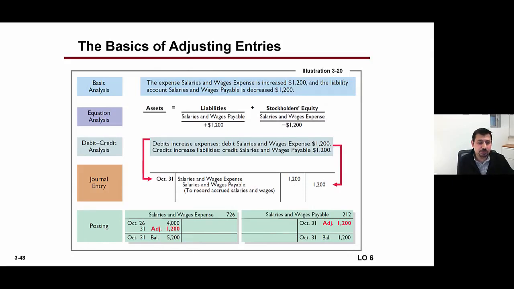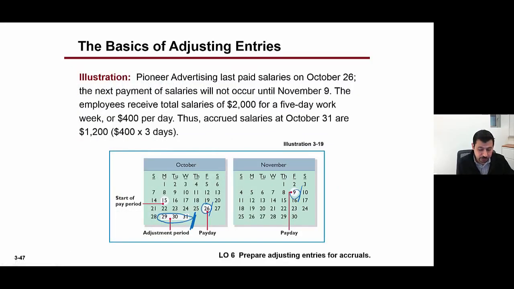This is why we need to debit the expense and credit the liability. So we debit salaries and wages expense. This is to record the salaries that have accumulated before the end of the accounting period. Basically, we are recording the salaries that have accumulated between the last payday and the end of the accounting period.